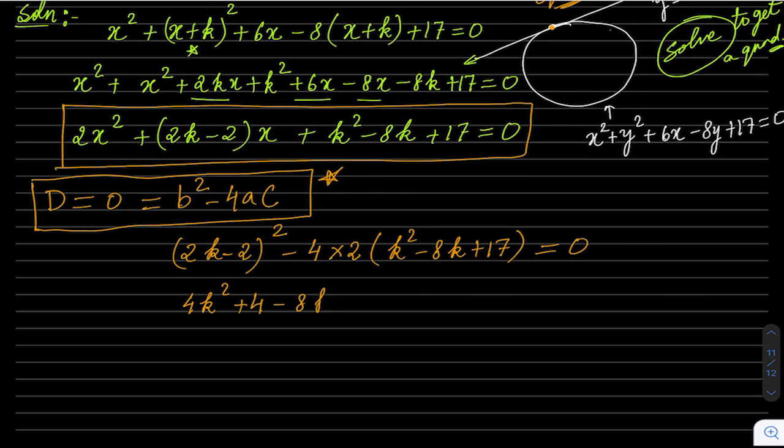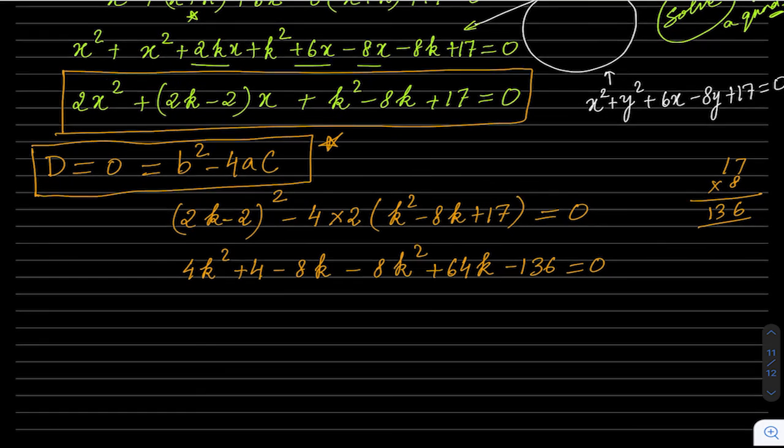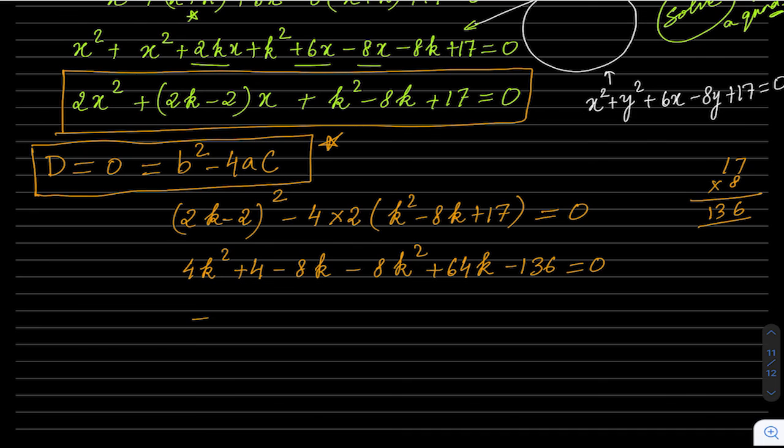We will get 4k square plus 4 minus 8k, minus 8k square, and this will be plus 64k, and this will be 17 times 8, 136, so minus 136 equals 0.